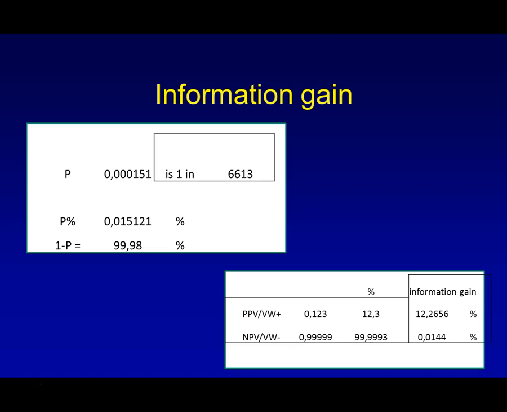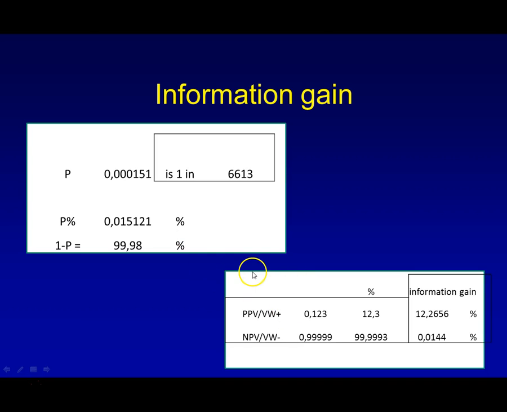What about the information gain? The prevalence of CF is 1 in 6,613, which is very low. If we apply the prevalence and also 1 minus the prevalence, we can calculate the information gain.